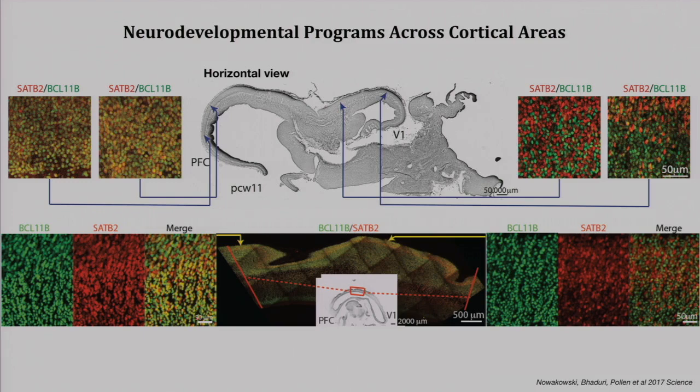We were further able to narrow this down to a very, very narrow transition zone, somewhere around the central part of the developing brain, where within a span of about 500 micrometers, you switch from this pattern of expression to this pattern of expression.